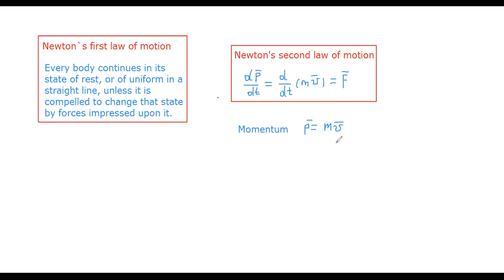M, you know that it is a physical value known as mass. It can be measured in kilograms or kilos. V is velocity, and p is momentum.